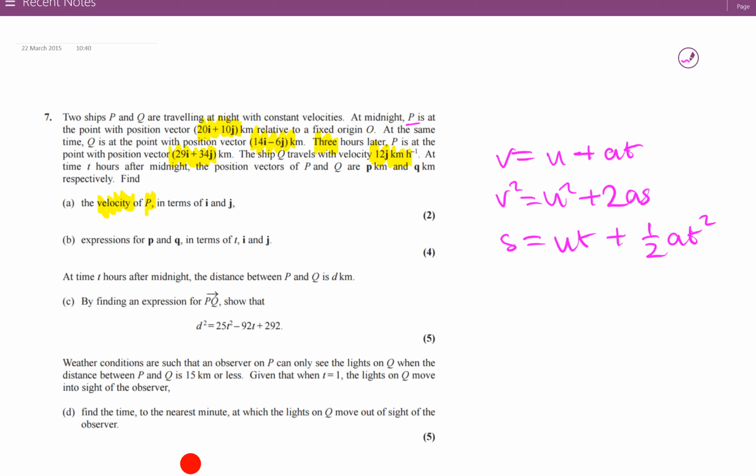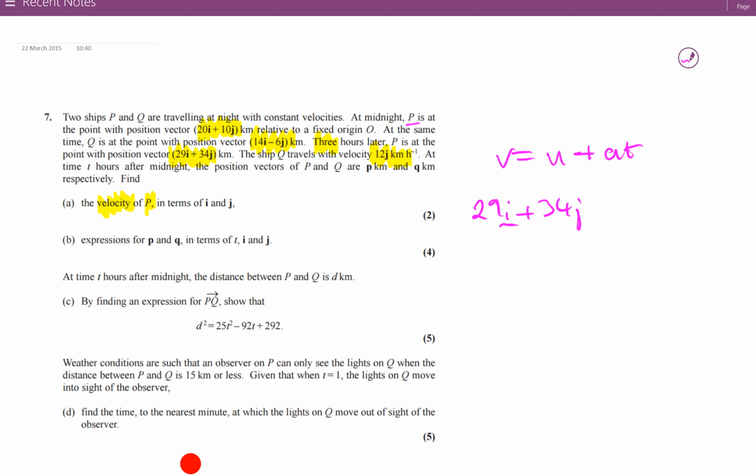Anyway, let's get rid of the stuff we don't need right now. So we've got v equals u plus at, and what is the v? 29i plus 34j.